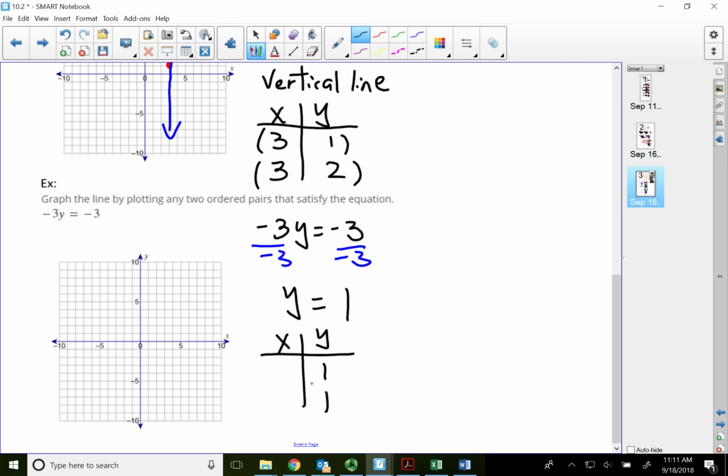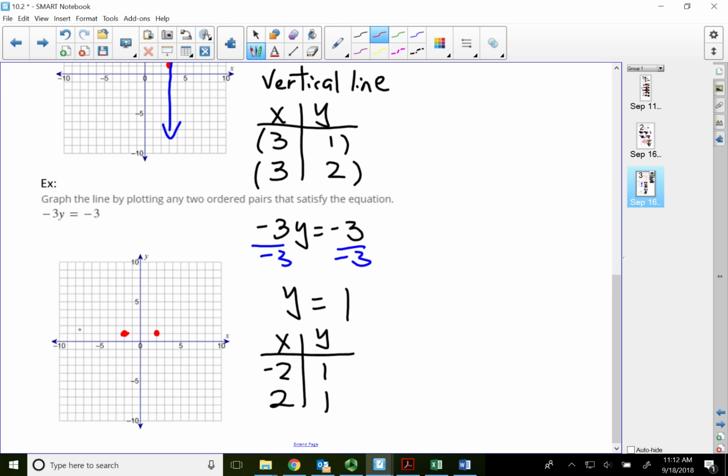The x value can be whatever you want it to be. So let's just pick negative 2 and 2 this time. Once we plot these 2 points, you will notice they are side by side. Negative 2, 1 is to the left 2 and up 1, and 2, 1 is to the right 2, up 1.